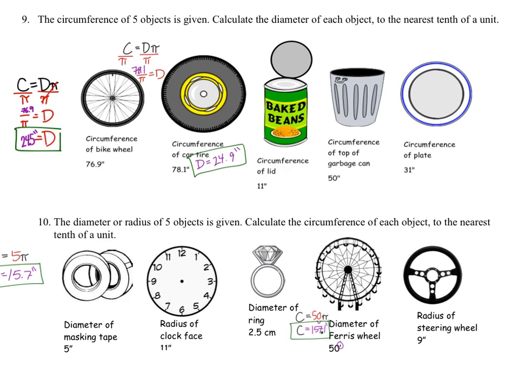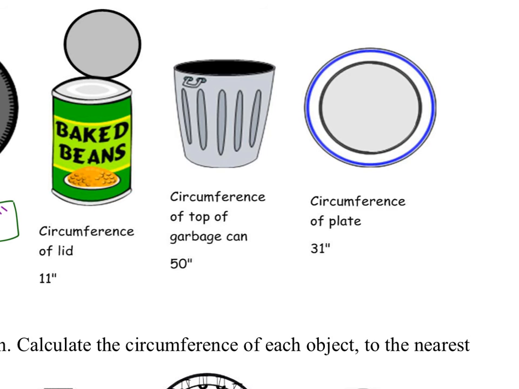Back to number 9. All right, the baked beans: the circumference of the lid is 11 inches, so we will find the diameter on this one. Now remember, the formula is circumference equals the diameter times pi. On this one they gave us the circumference, which is 11 inches, so I replace that with 11.